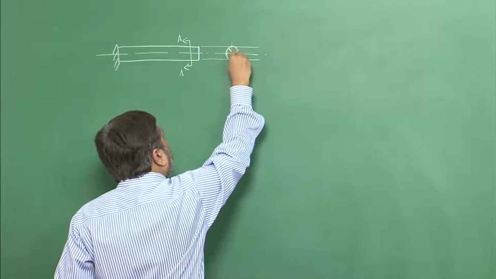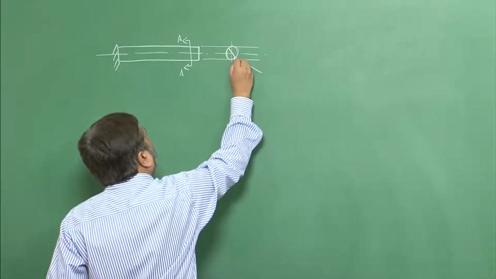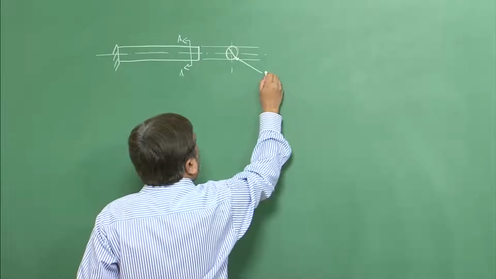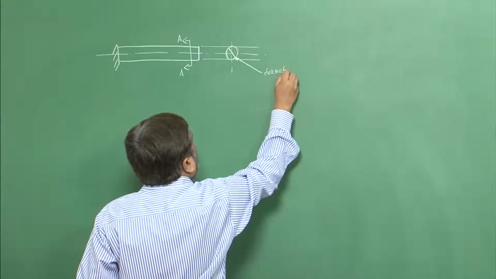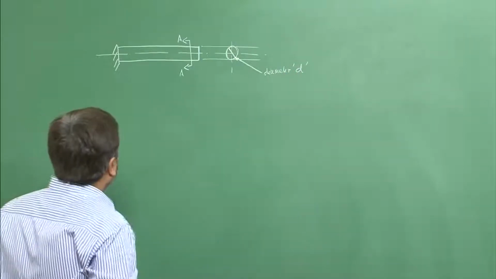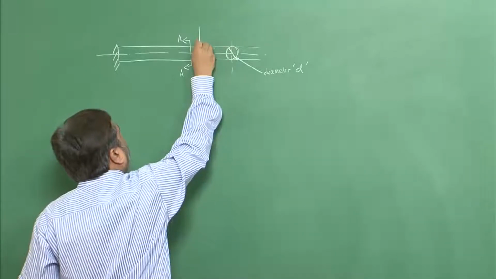Let us assume the diameter is D in this case, and this circular beam has an end load F.